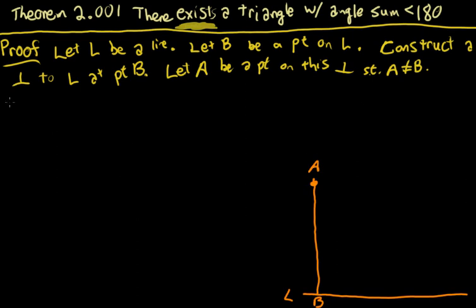And we'll say let M be a line through A perpendicular to AB.